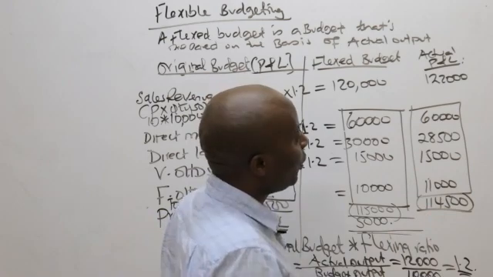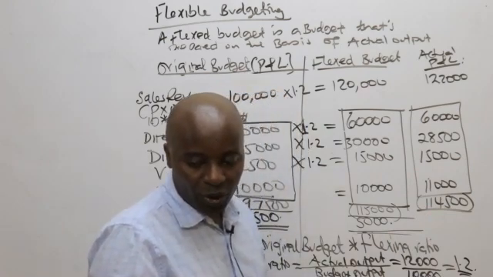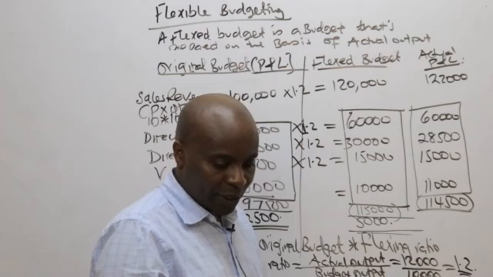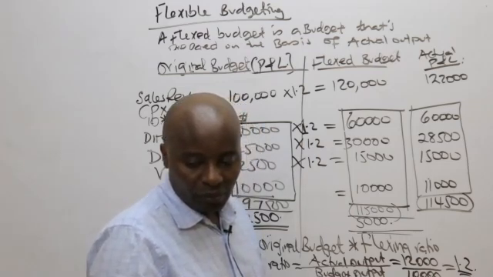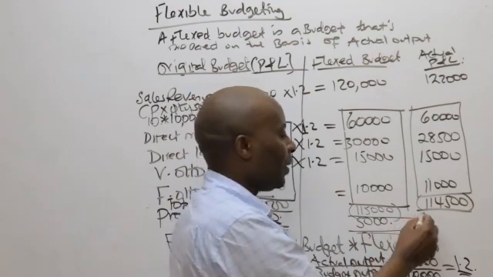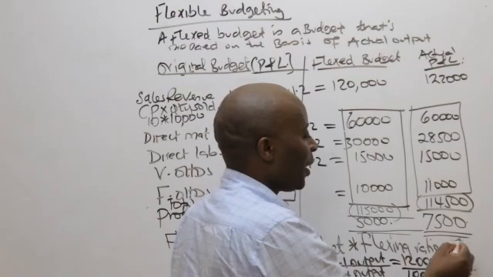So if you take 122,000 minus 114,500, what profit are we going to get? 7,500. That is the profit.